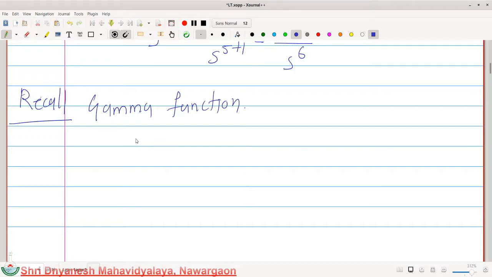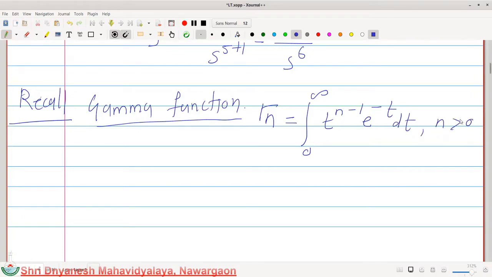What is the definition of the gamma function? It is gamma n equals integration from 0 to infinity t power n minus 1 e to the power minus t dt, where n is positive. This function is known as the gamma function.